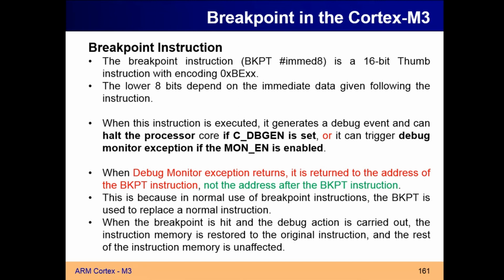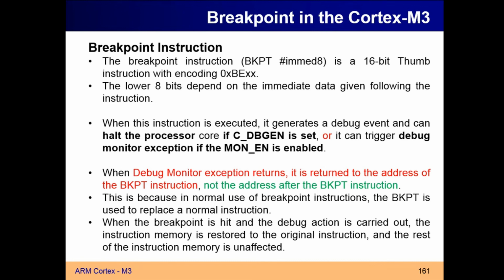Why? Because when you are using a breakpoint instruction, your normal instruction is replaced by the breakpoint instruction. Whatever instruction was present there previously will be replaced by the breakpoint instruction. So after executing the breakpoint instruction, it will come back to the same address, so that the actual instruction gets executed. That is one small difference here.